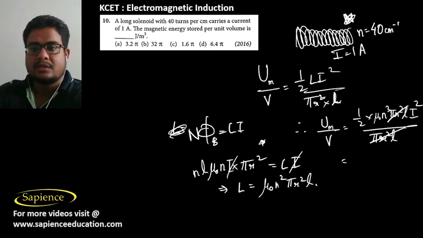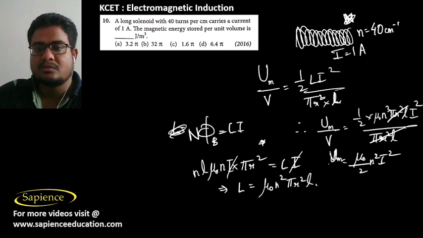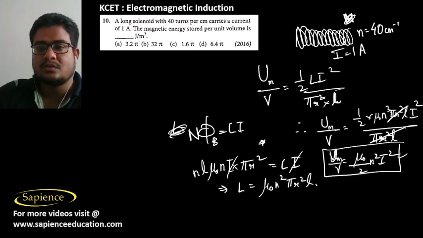This is equal to half mu naught n square I square. So this is the magnetic energy stored per unit volume for the solenoid. Therefore, this value we have to find.